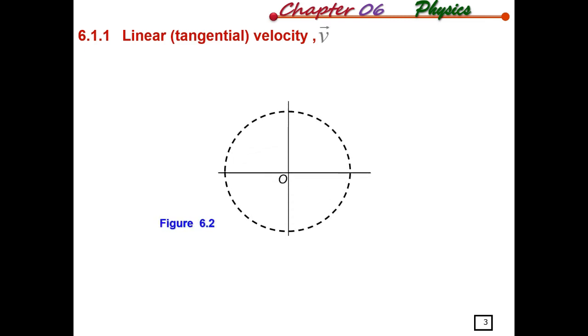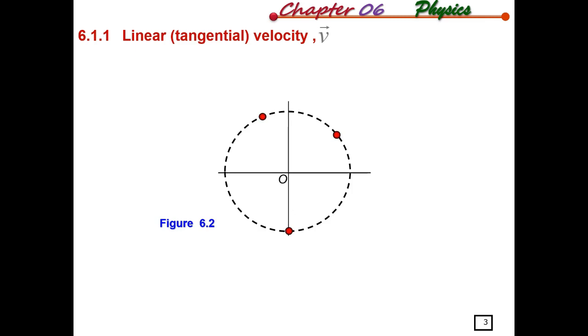Under circular motion, the main quantity we want to look at is the linear velocity, or the tangential velocity v. Figure 6 here shows the circular path that the body will travel. There are 3 positions that I take.